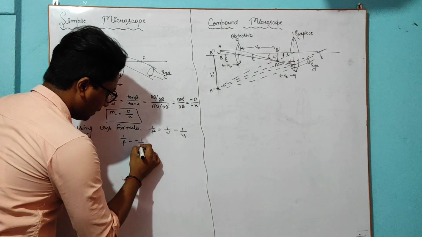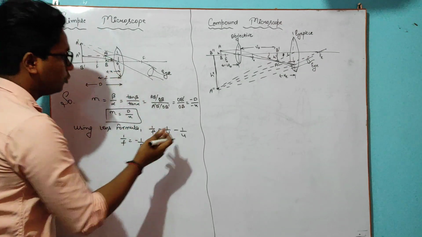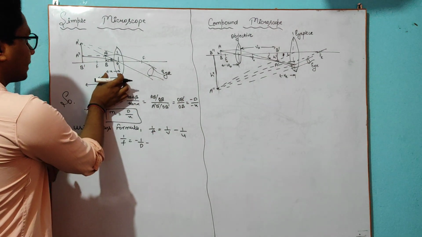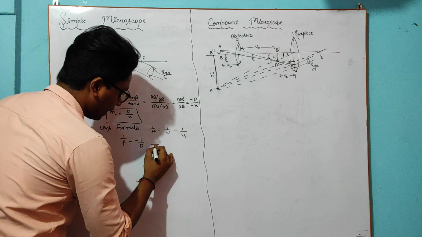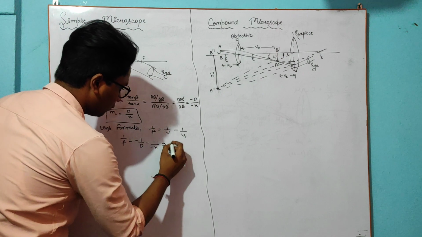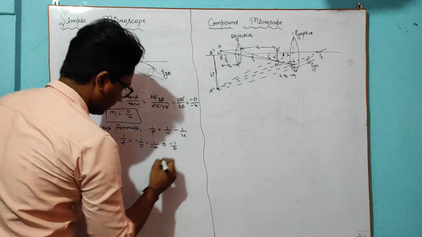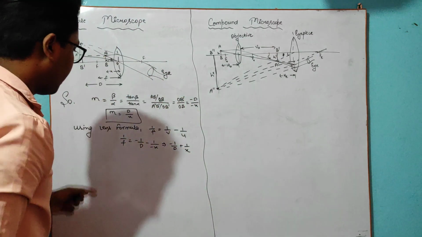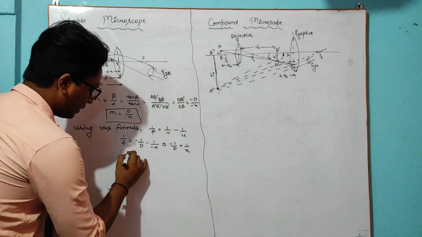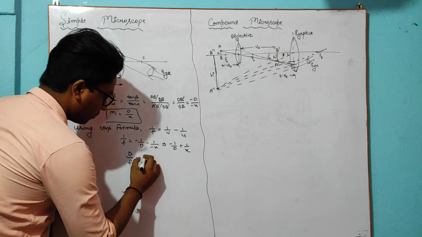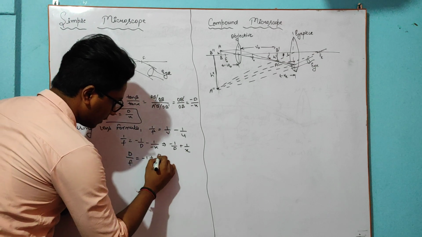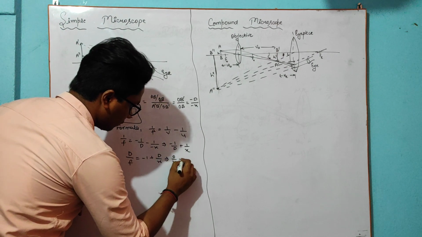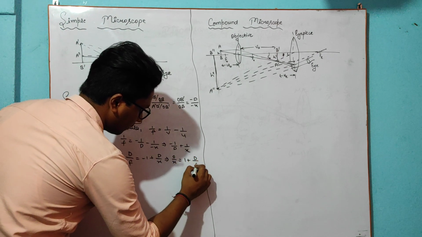So minus 1 by d minus u, and u is minus x, which is equal to minus 1 upon d plus 1 by x. Now multiply by d on both sides, then d by f is equal to minus 1 plus d by x. This implies d by x is equal to 1 plus d by f.